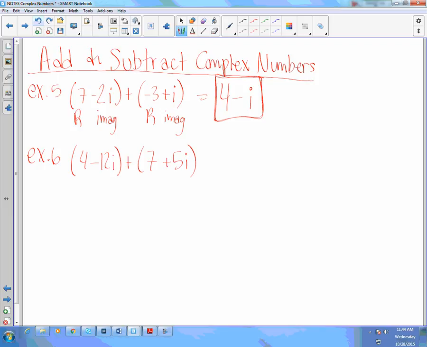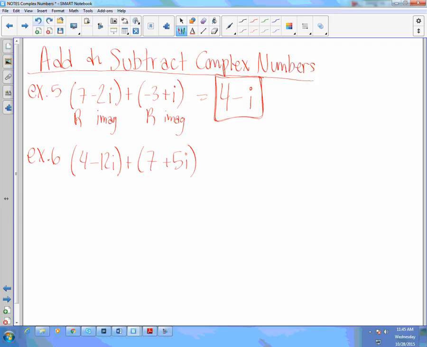Negative 12 plus 5. Think of 12 minus 5. What's 12 minus 5? 7, so it'll be minus 7, because it's negative 12 plus 5.